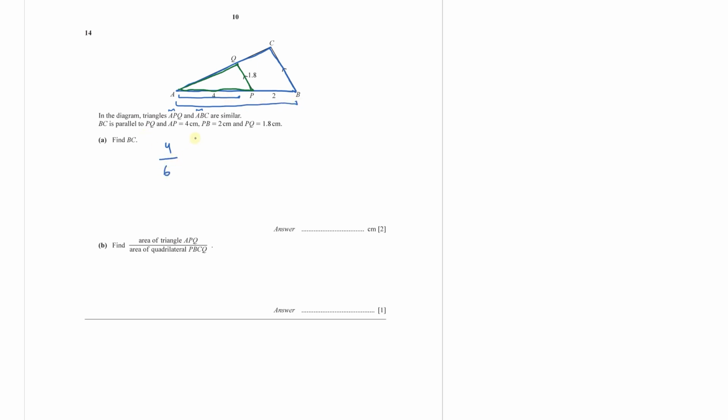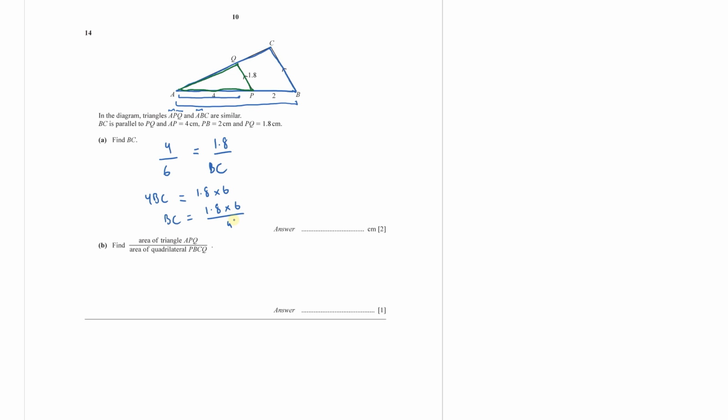So 4 over 6 should be equal to, since we are looking for BC, so BC is this length, and the corresponding length in the triangle APQ is PQ. So PQ is this, so 1.8 over BC. And then we can solve this. You get 4BC equals 1.8 into 6, and then BC would be equal to 1.8 into 6 divided by 4.